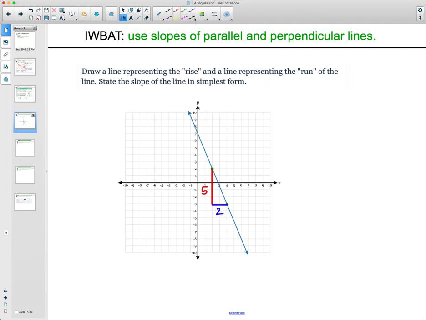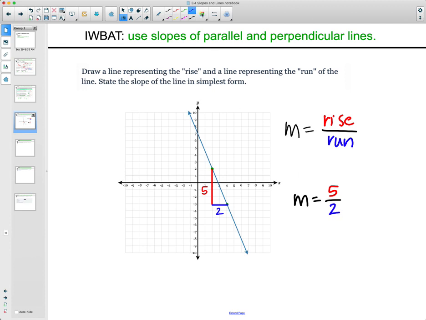So your slope is going to be, again, the rise over the run. Your rise number here was 5 versus your run is 2.